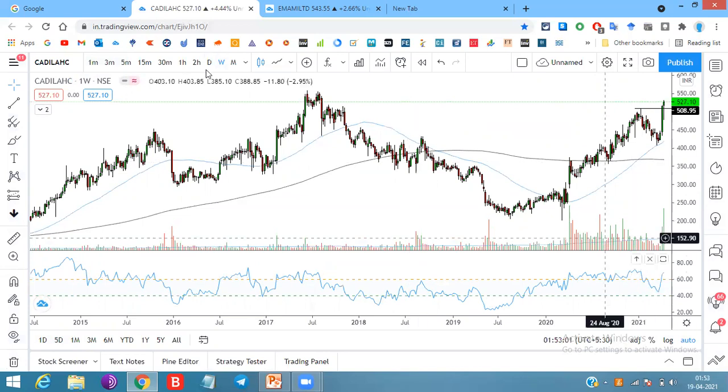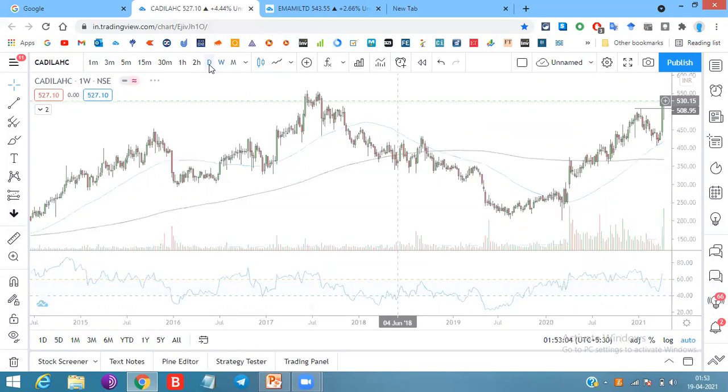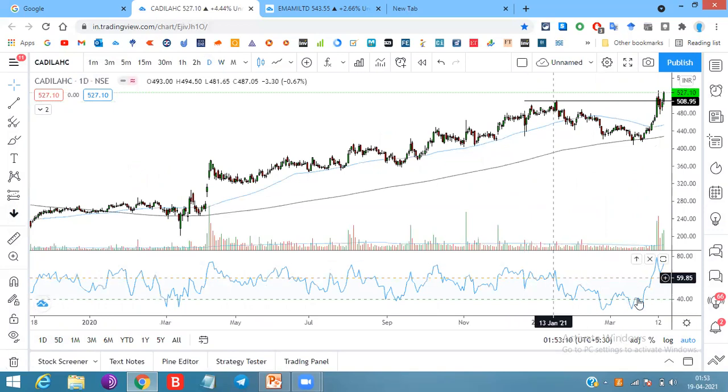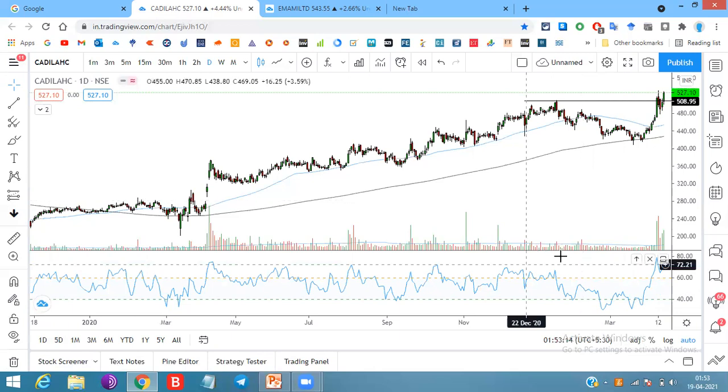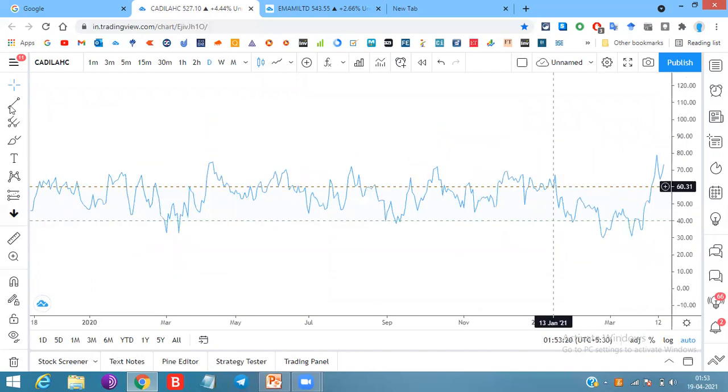Yes, actually that's a good channel, but let me look at the daily chart right now. Okay. So this is an example of channel revisited, RSI signals channel revisited sort of example. Let me show you.